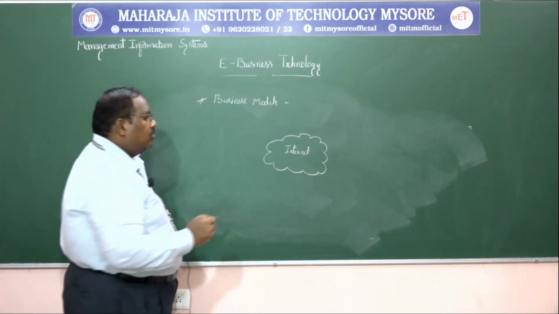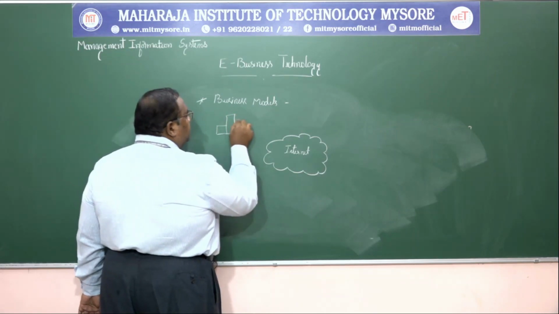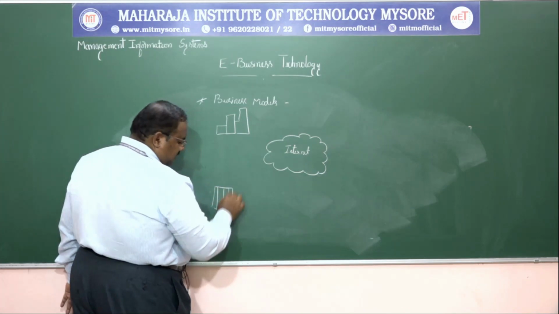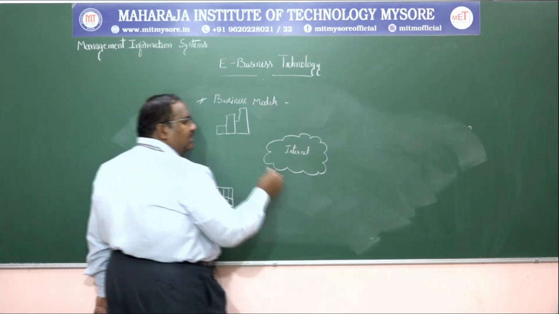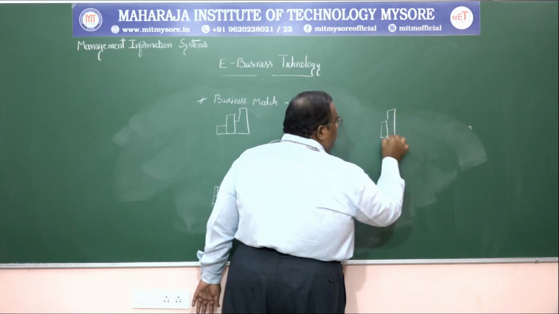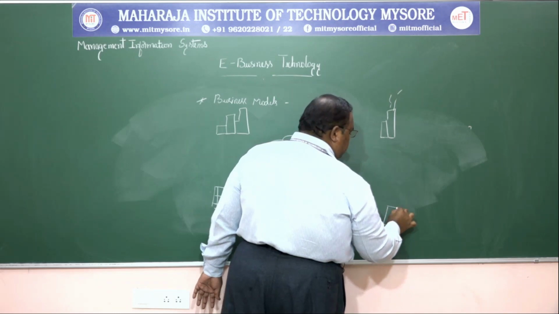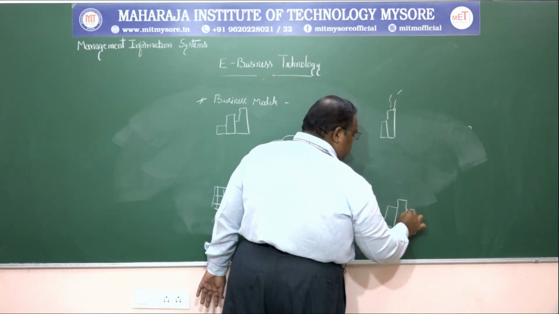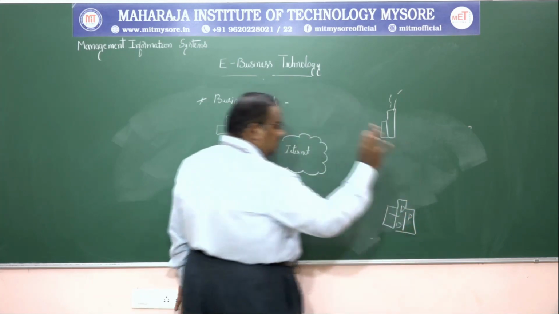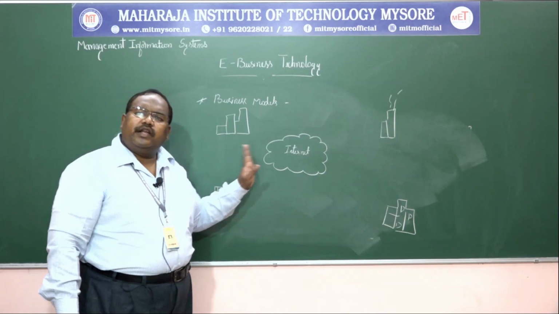Now you find various industries. I am representing these as buildings, don't mistake. Industry, some factories, some other buildings. Okay, these are the different industries.